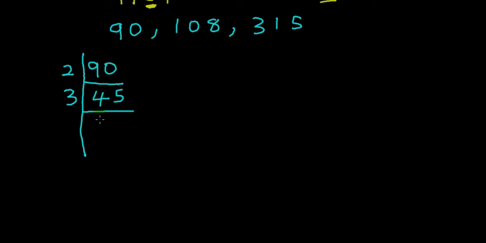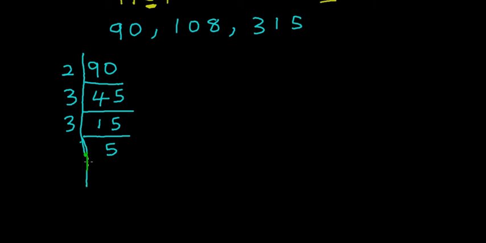3 in 4 we have 1. The remaining 1 you take to the 5, which gives us 15. So you still try 3. If 3 cannot go, that's when you go over to 5, but 3 can still go. So 3 in 15 you have 5.